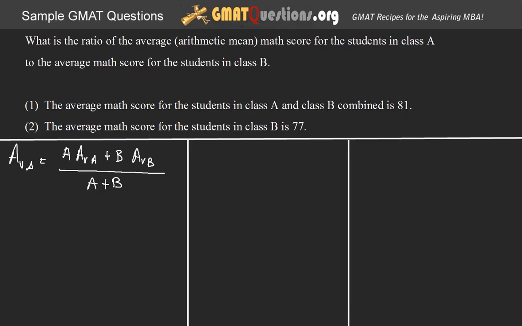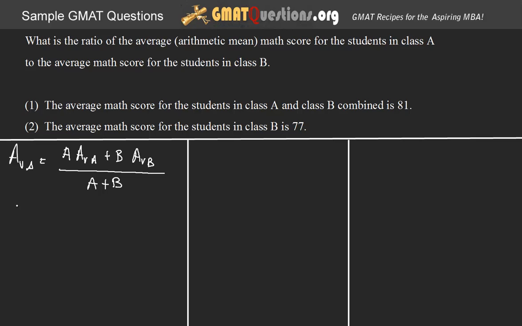A and B are the weights, the number of people in group A and group B respectively, and this is the combined average or the weighted average. I hope you can follow me without me explaining everything. If not, please look at the previous videos.